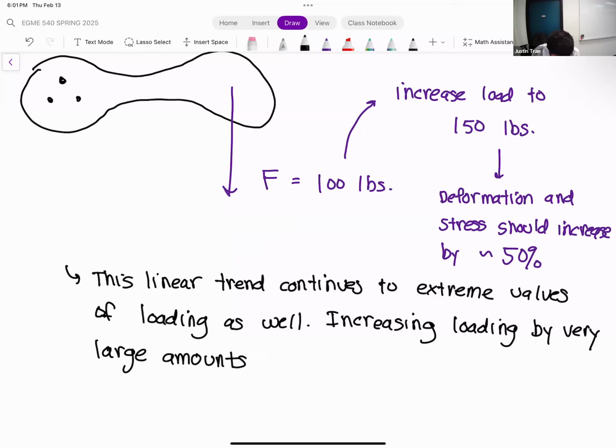And so what's going to happen in the simulation is that if you increase the load by a large amount, then your deformation and stresses are also going to increase by large amounts.